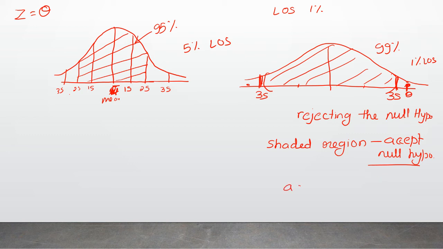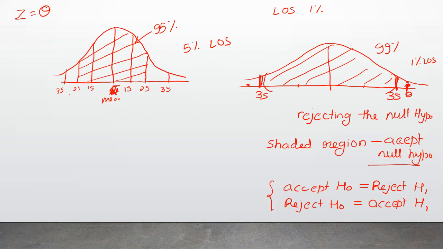Just keep this in mind: accept H naught is the same as reject H1, or reject H naught is the same as accept H1. Just keep these two things in mind, because these terms will be used alternatively. Now, this was at the 1% level of significance.